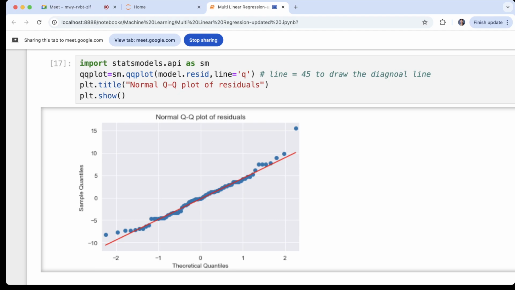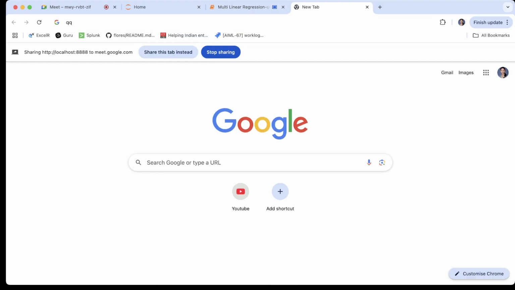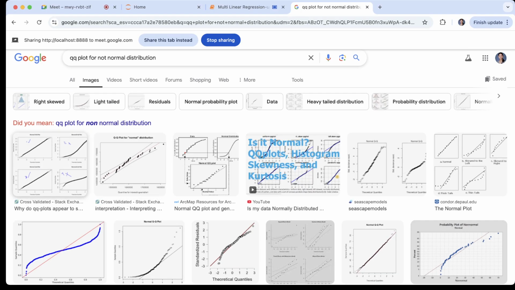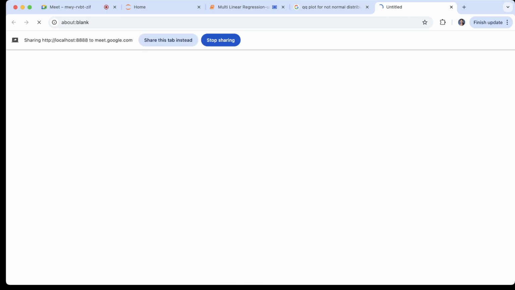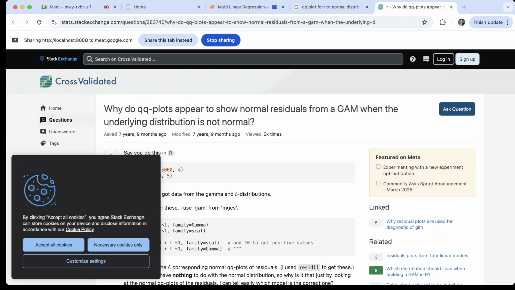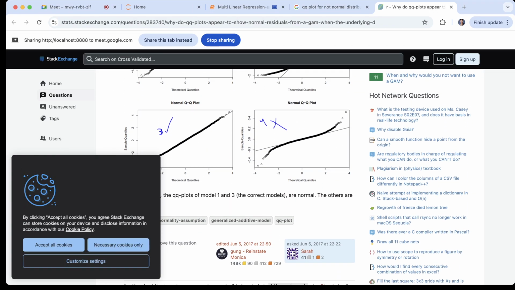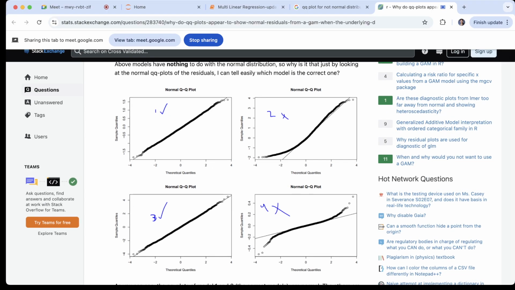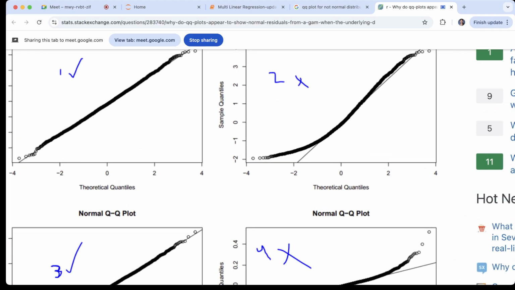But if the QQ plot is like this, at a 45-degree line and there is no deviation like this, can you see the tail?